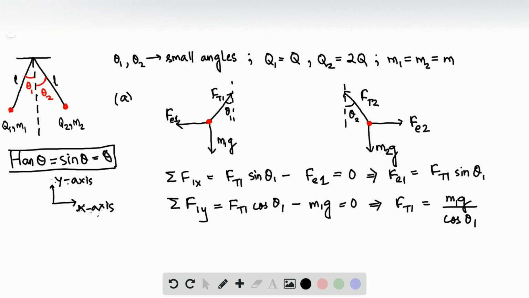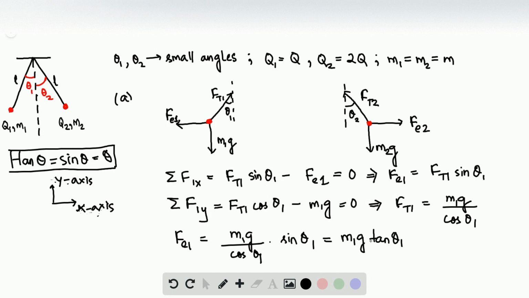Now, plugging this value of Ft1 into this equation, we get Fe1 to be m1g over cos θ1 times sin θ1, and this gives me m1g times tan θ1.